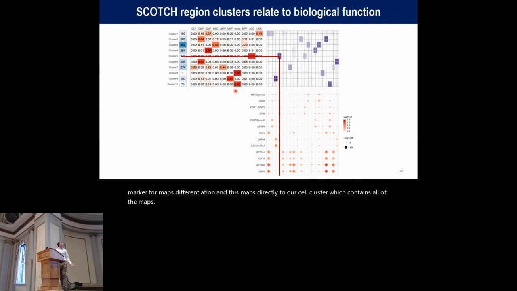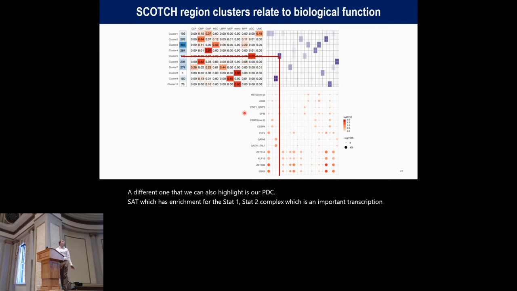A different one that we can also highlight is our pDC set, which has enrichment for the STAT1, STAT2 complex, which is an important transcription factor in the JAK-STAT pathway, which is important for immune response.